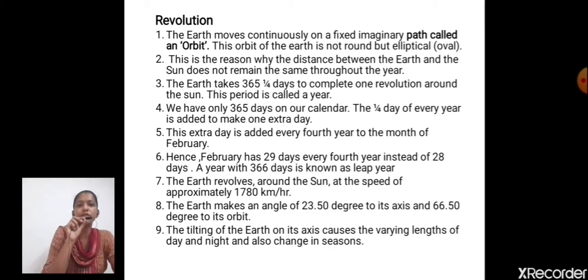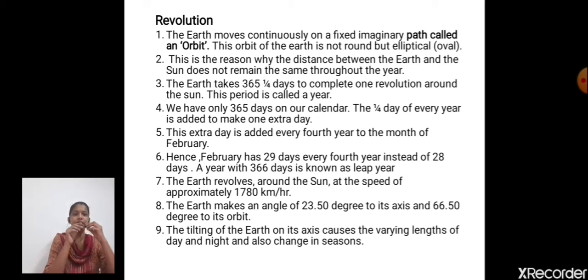The tilting of the earth on its axis causes the varying length of day and night, and also changes in the season. If the axis is not tilted, then the changes in the seasons would not take place, and we would have the same season throughout the year.